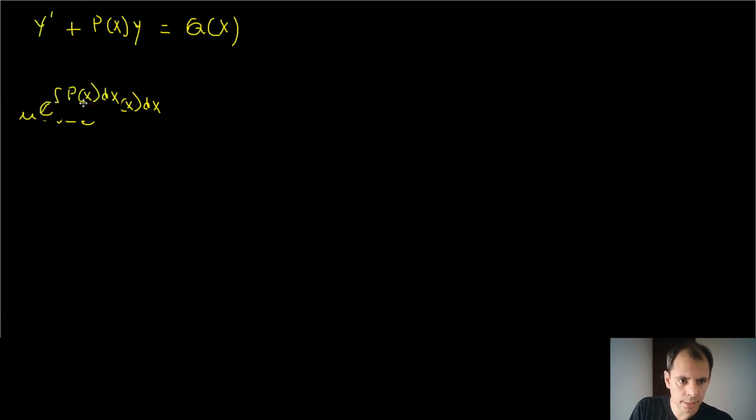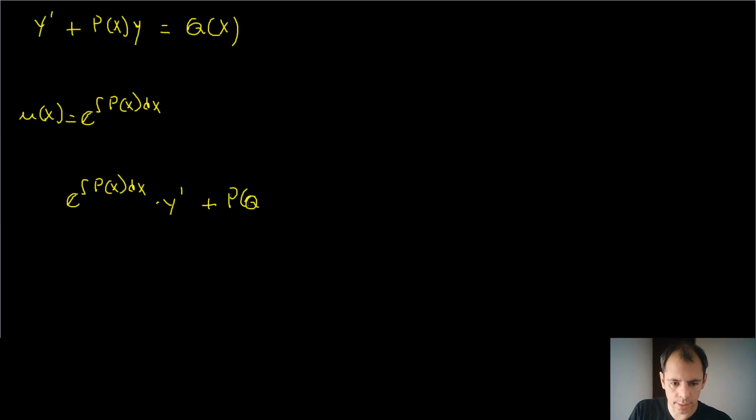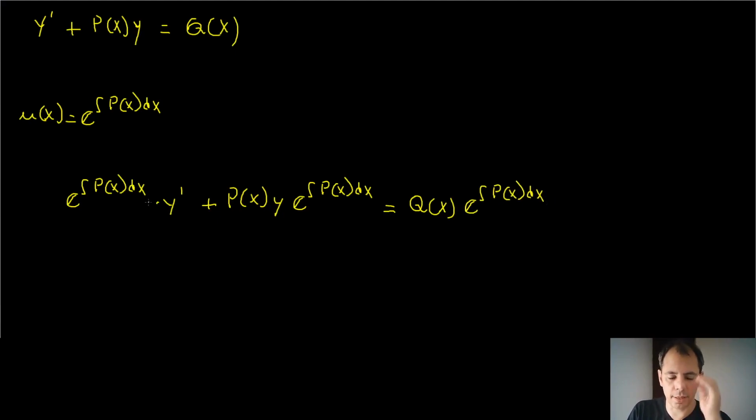Now I'm going to paste it down here, and then I'm going to multiply the y prime plus p of x y, and then I'm going to multiply this thing here, and then you have equals q of x and multiply it again, right?